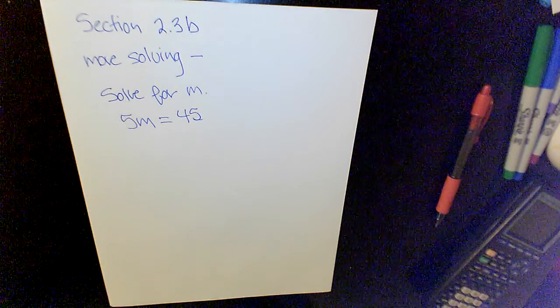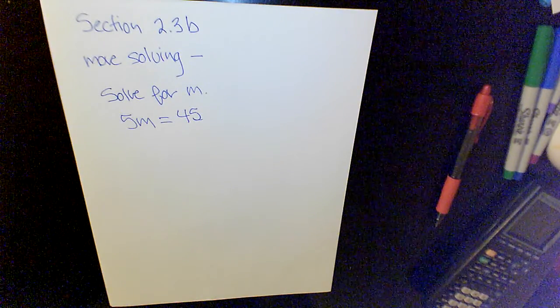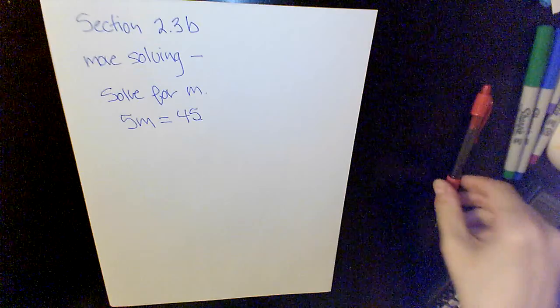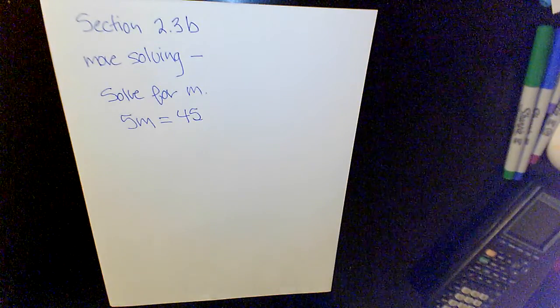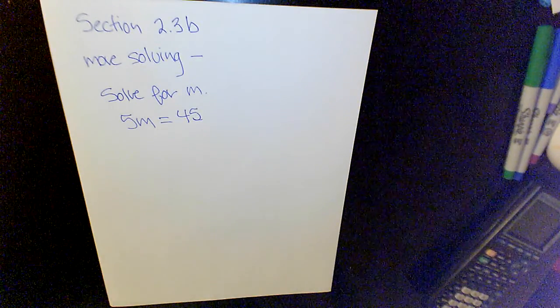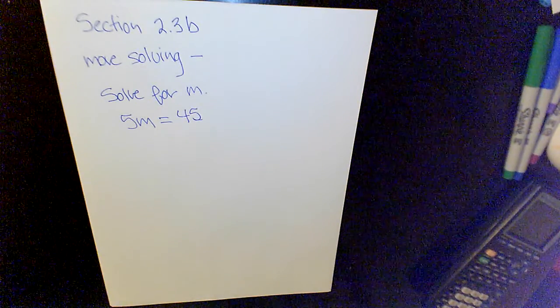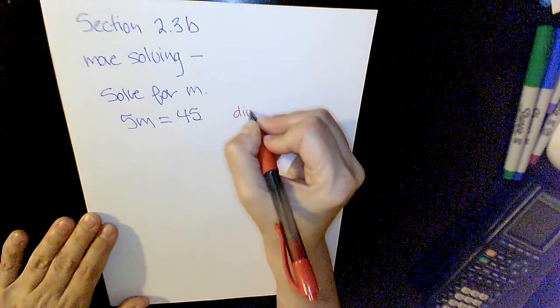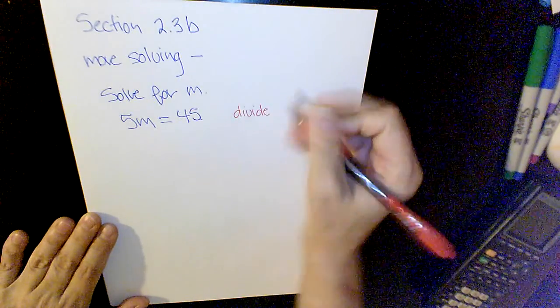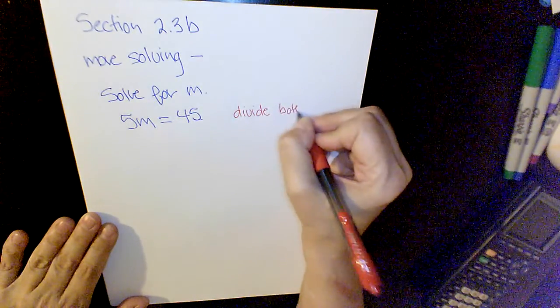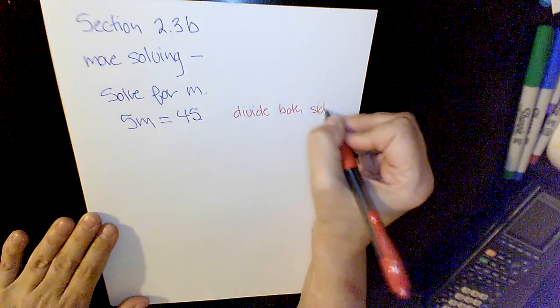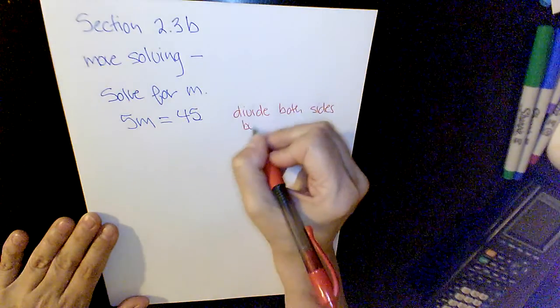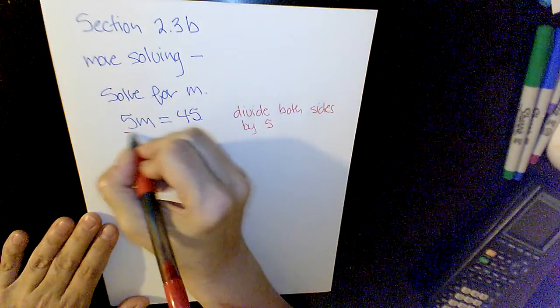What's the opposite of 5 times m? That'll help me solve it. If I undo the operation, undo the multiplication, or do the opposite, so I'm going to divide both sides by 5.